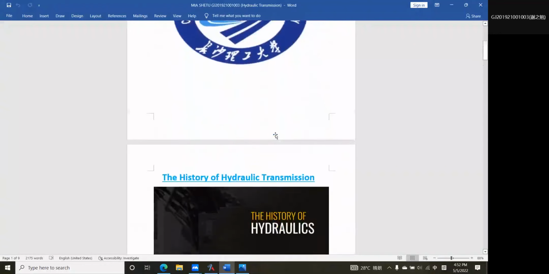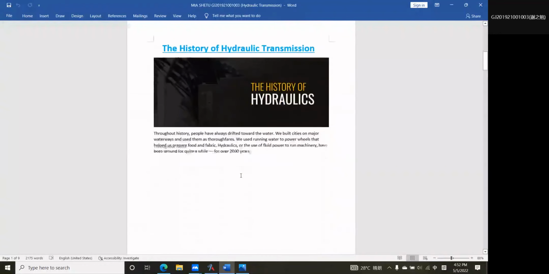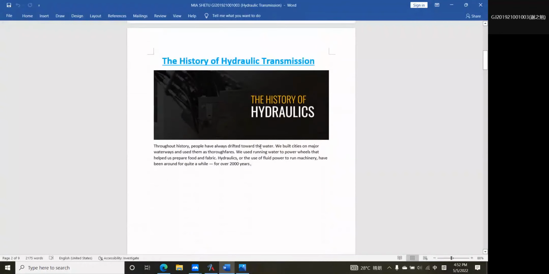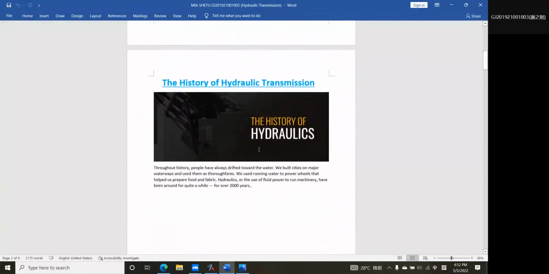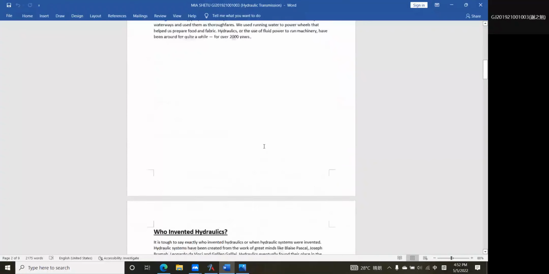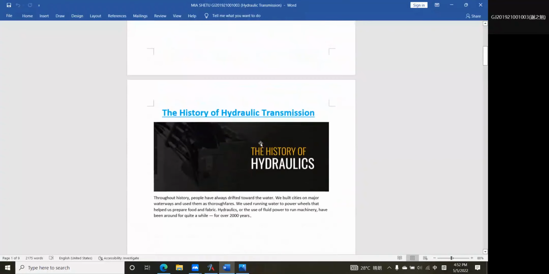Here you can see too much information, so I can't go through it line by line. I just want to show you the main points. Throughout history, people have always drifted toward the water.